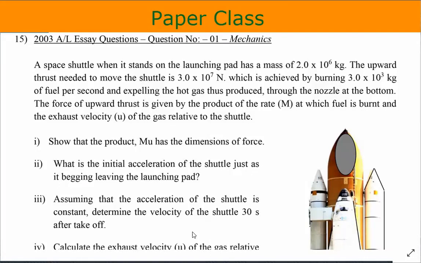So for 1 second, it burns 3000 kilograms of fuel and expelling the hot gas thus produced.